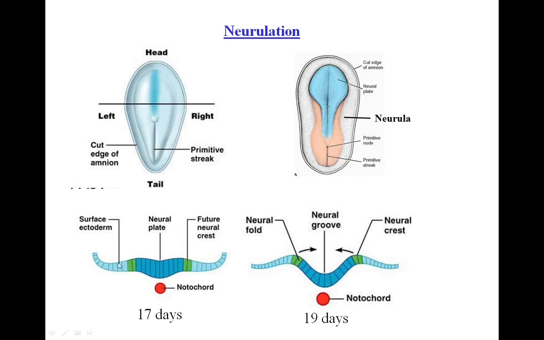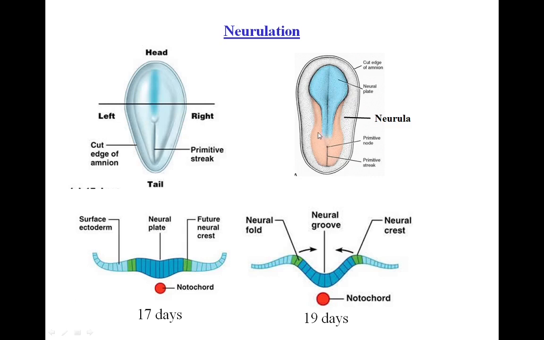Now the surface ectoderm by the side of it will form the skin and its appendages. Some cells are also present at the junction of the neural plate and the surface ectoderm, and these are known as the neural crest cells.